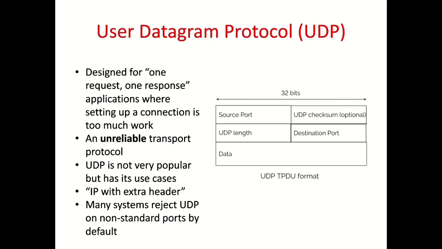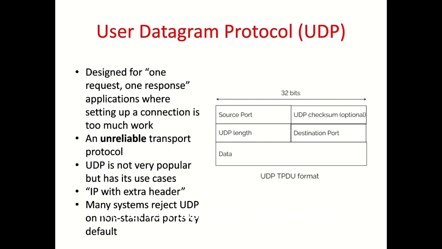But anyway, it was originally designed for one request, one response applications, where having all that overhead to set up a connection was too much work. Consequently, it's an unreliable protocol because we don't establish a connection, and there's no error checking or error correcting.